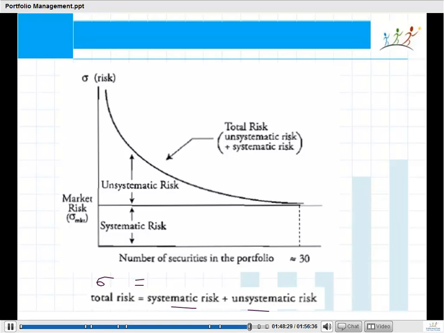Systematic risk is measured by a term called beta, as we'll explain later, and unsystematic risk. The unsystematic portion of the risk, which is firm specific risk, can be made zero or can be totally diversified away. It can practically be made zero by holding a large number of securities in the portfolio or holding different stocks in the portfolio.